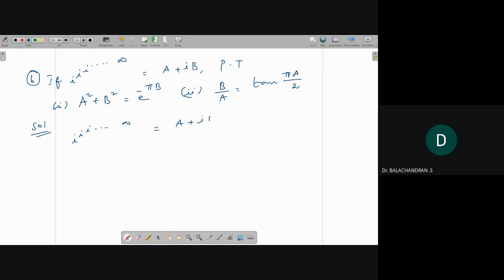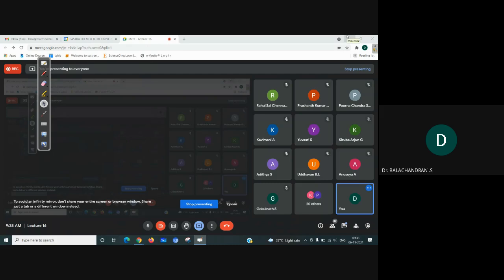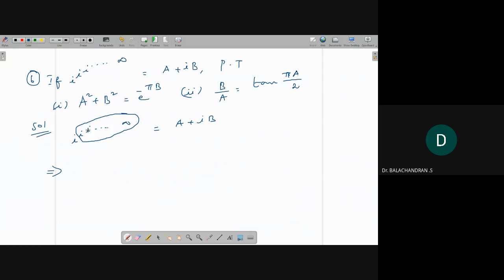So instead of this, I can replace by what? Purnachandra. Yes, sir. Instead of i power infinity, I can write what? Because it is up to infinity, so i power infinity equals a plus ib.